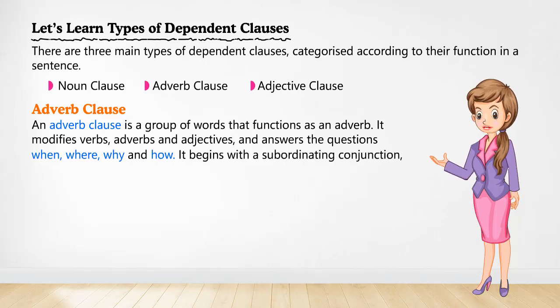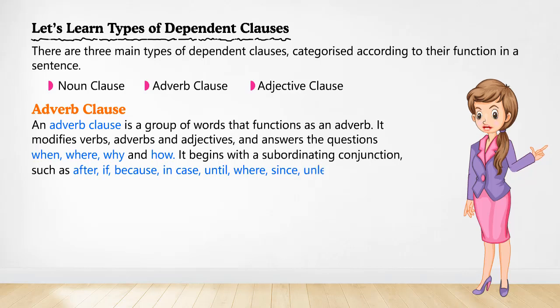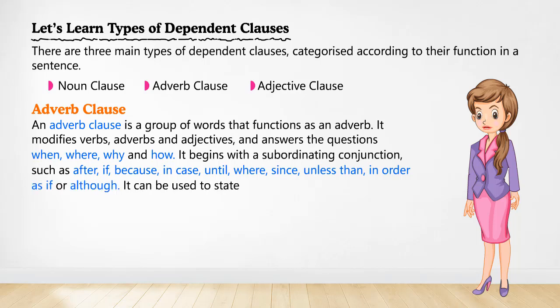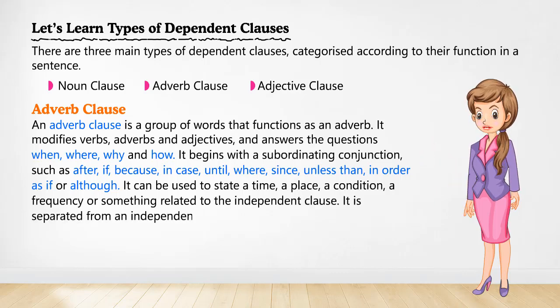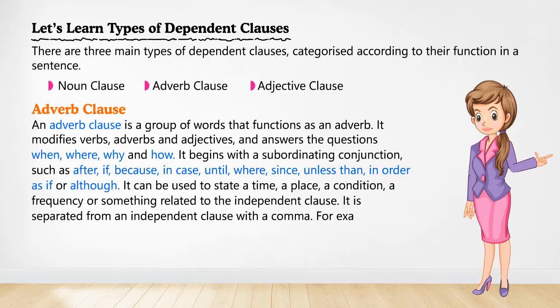It begins with a subordinating conjunction such as after, if, because, in case, until, where, since, unless, then, in order, as if, or although. It can be used to state a time, a place, a condition, a frequency, or something related to the independent clause. It is separated from an independent clause with a comma.